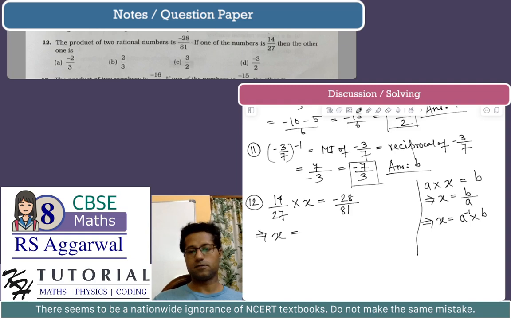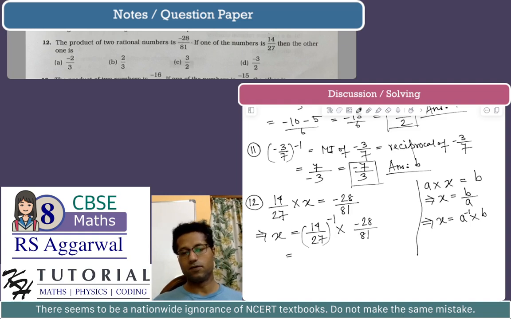So in this case, the coefficient of x in this equality is 14 by 27. So x will be the reciprocal of 14 by 27, or the multiplicative inverse of 14 by 27, multiplied by minus 28 by 81.